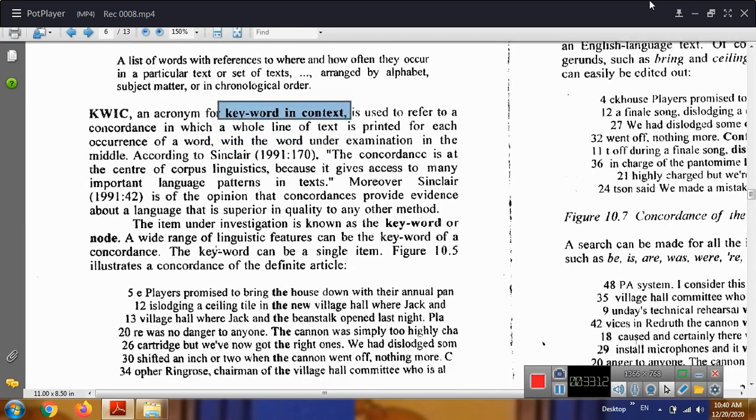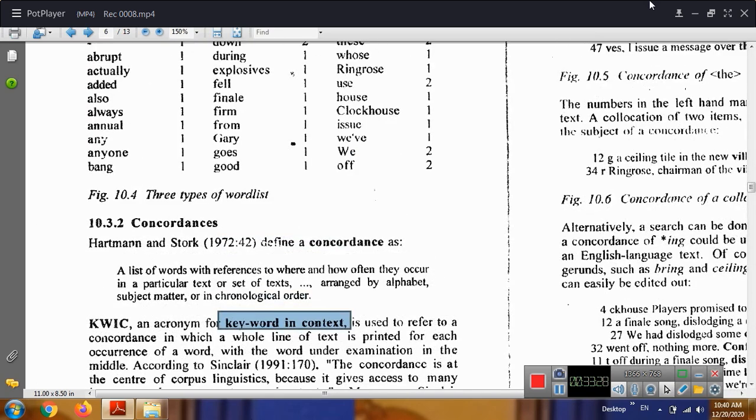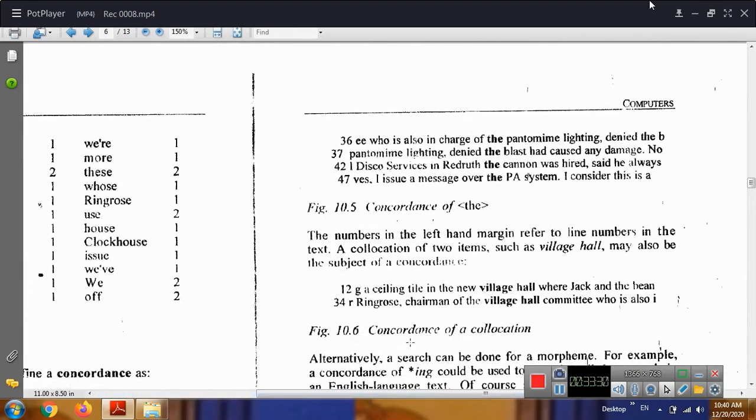Figure 10.5 illustrates a concordance of the definite article. Here you can see the concordance of the definite article the. You can see its example. The numbers in the left-hand margin refer to line numbers in the text.